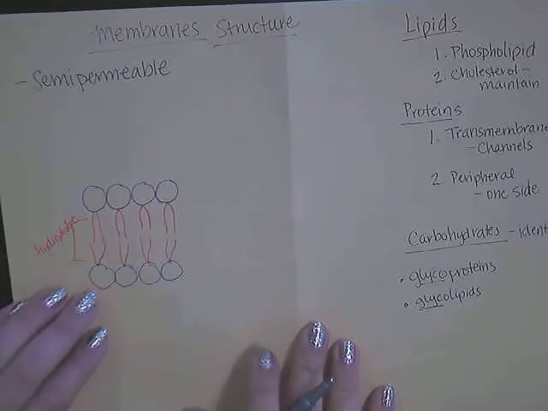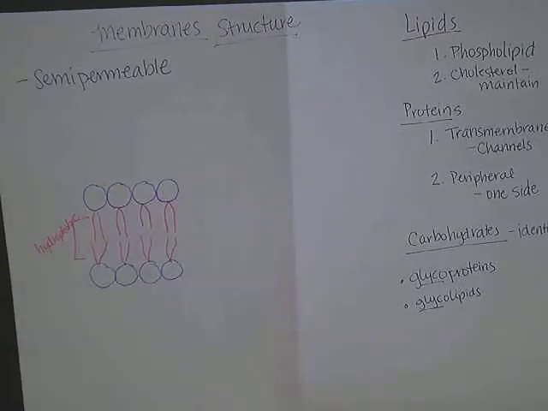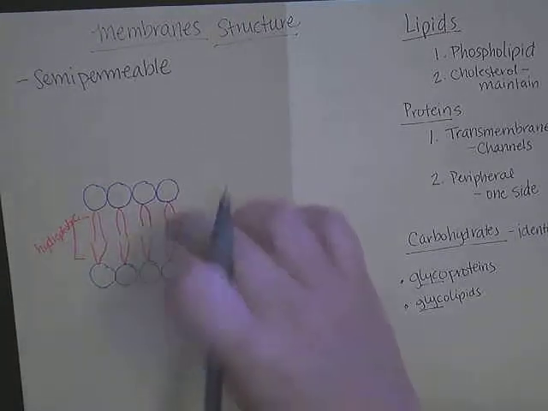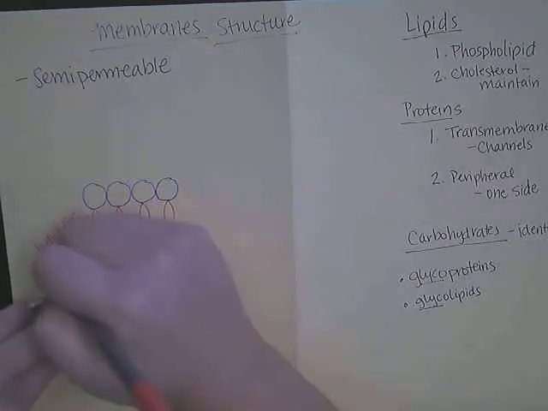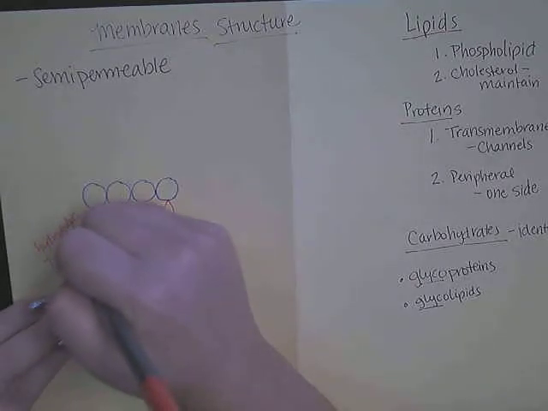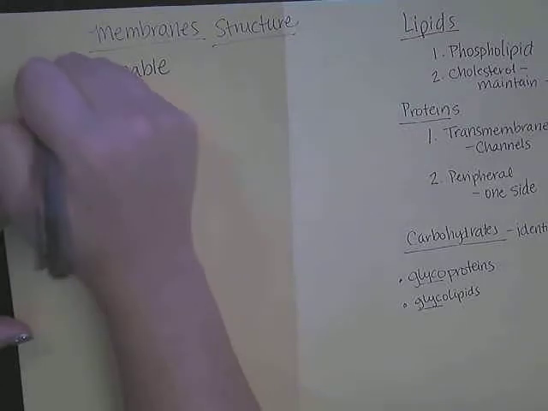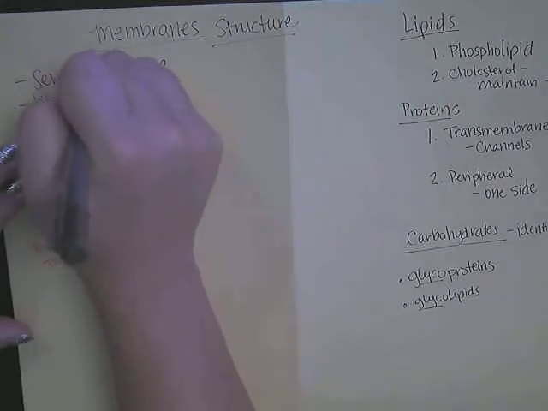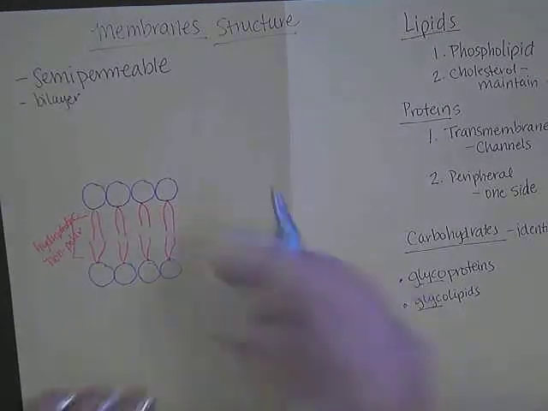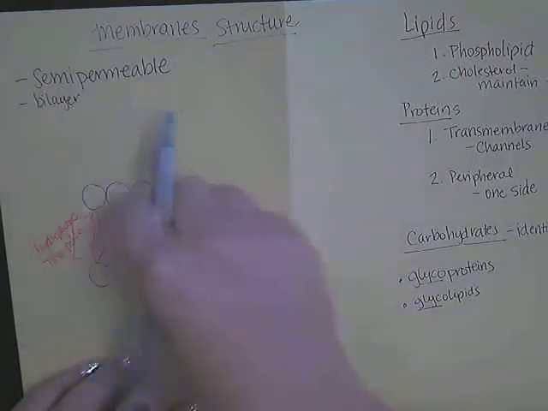And it's going to repel, because the interior is non-polar, it's going to repel anything that is polar. So I'm going to add up here to our definition. So we know that the plasma membrane is semi-permeable. We're also going to call it a bilayer. And the whole reason it is semi-permeable is because of those hydrophobic tails.